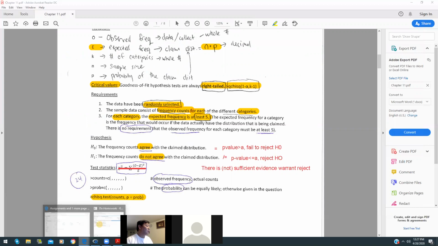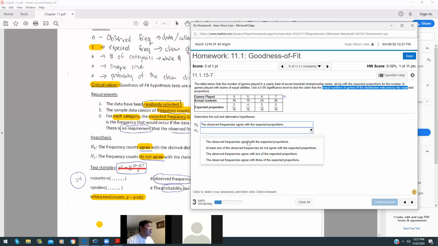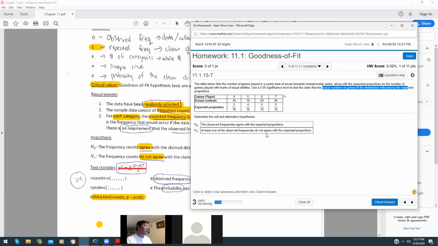The alternative will be that at least one of these does not agree. So usually this is what happens in your hypothesis statement: the keywords are agree and does not agree. When you do your project, if it is about a goodness of fit test, same thing, agree, not agree.